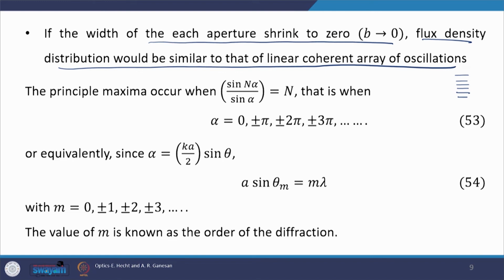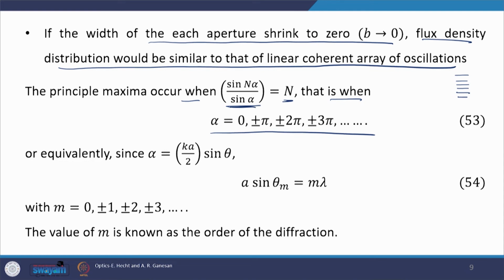Now, the principal maxima occur when this function (sin n alpha upon sin alpha) is equal to capital N, and when does this happen? This happens when alpha assumes values which are integral multiples of pi. For principal maxima, alpha must be an integral multiple of pi, which is 0, plus minus pi, plus minus 2 pi, plus minus 3 pi.